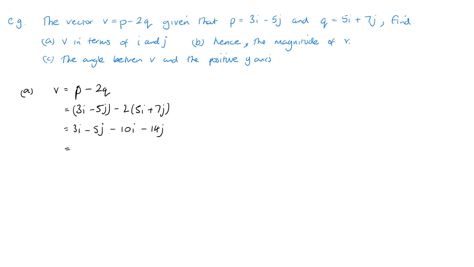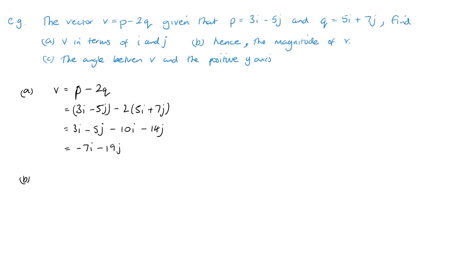So if I look in terms of i, I've got 3 minus 10, so that's minus 7i. And then in terms of j, we've got minus 5j and minus 14j, so that is minus 19j. So that is part a done.